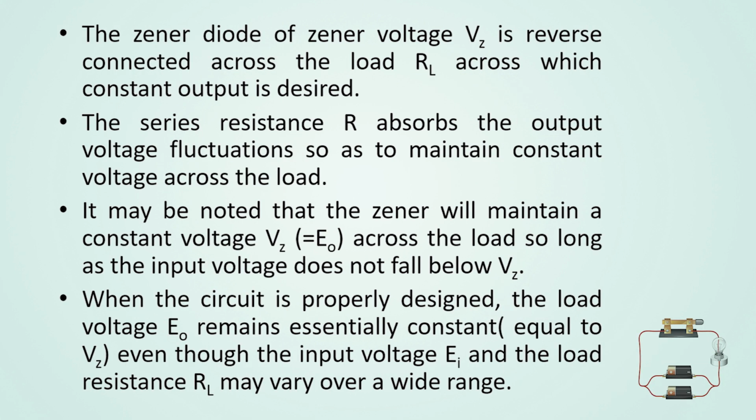The Zener diode of Zener voltage Vz is reverse connected across the load RL, across which constant output is desired. As we have seen in the circuit diagram, the desired output is E naught. The Zener diode with a Zener voltage of Vz is connected in reverse with the load RL, in parallel with the load.